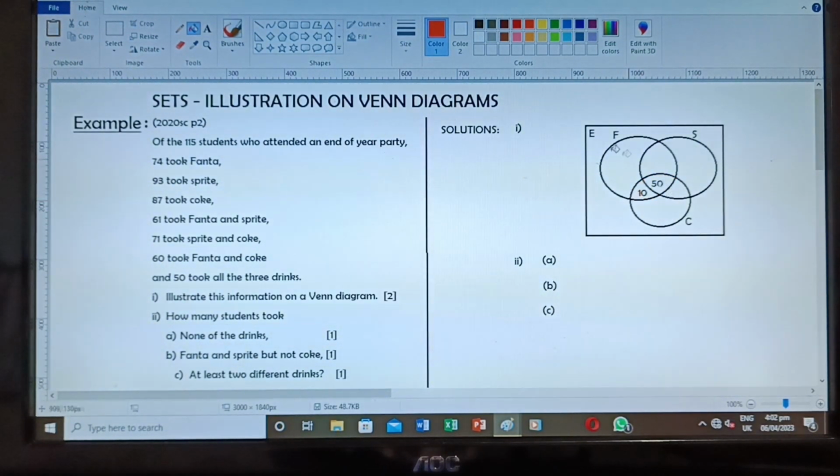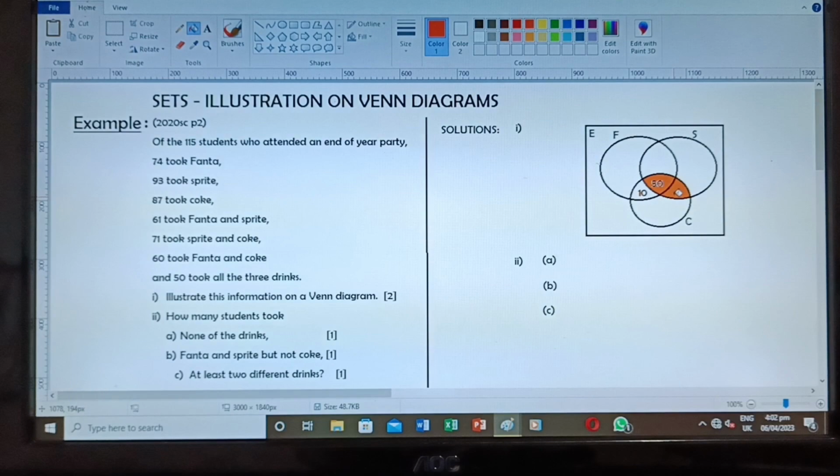So we go and do it for the other regions. We are told 71 took Sprite and Coke. The region for Sprite and Coke is this one and this one. So in here, we are supposed to have a total of 71. Now from 71, we have a 50.